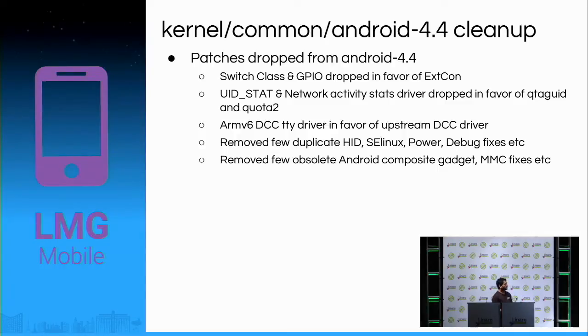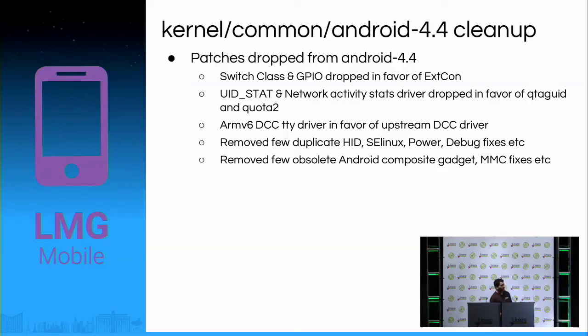If there is a mainline replacement which we can just push AOSP to use, or just drop that particular functionality altogether. So we were able to get rid of switch class and GPIO support in favor of EXTCON.